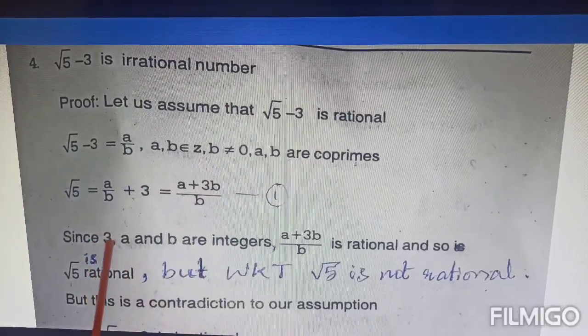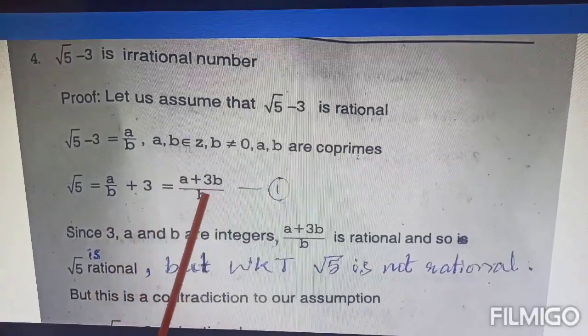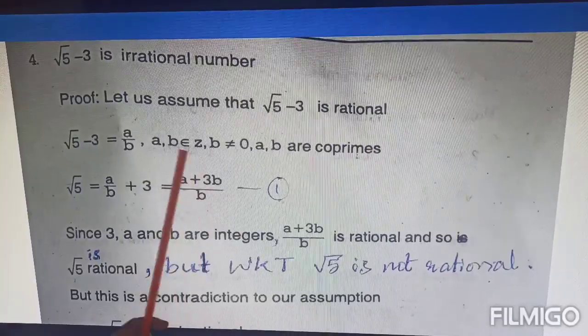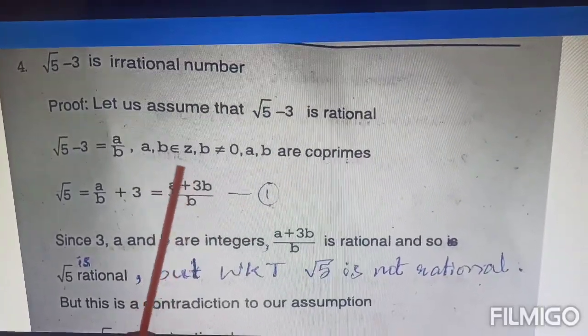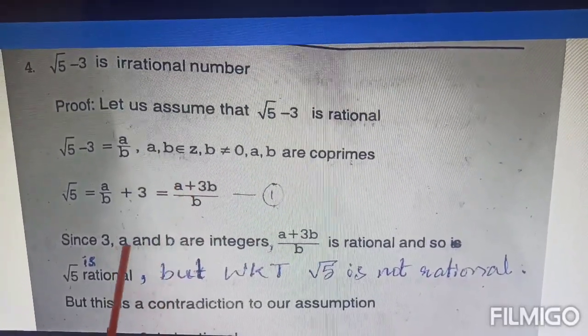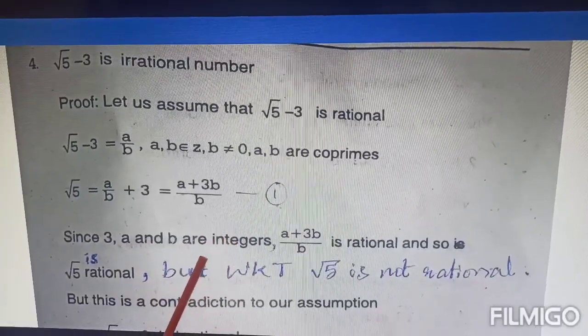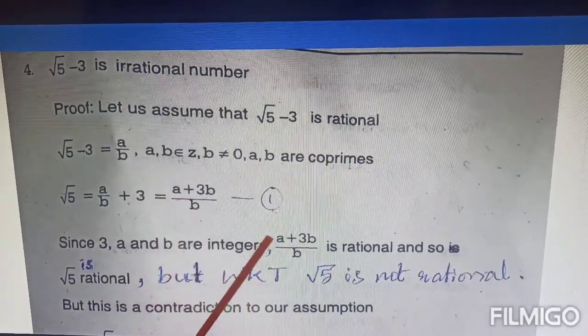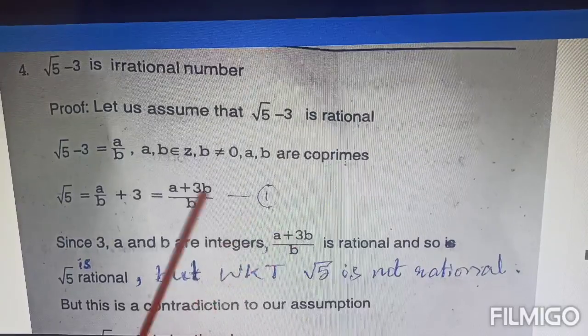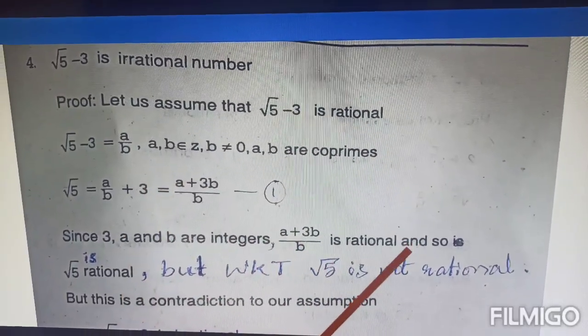Since a, 3 and b, all the numbers in this fraction, are integers, integers in the form of a fraction means it is a rational number.